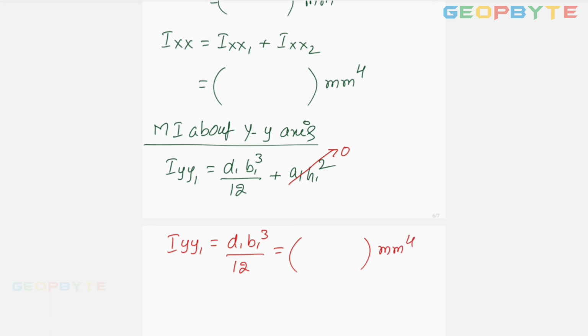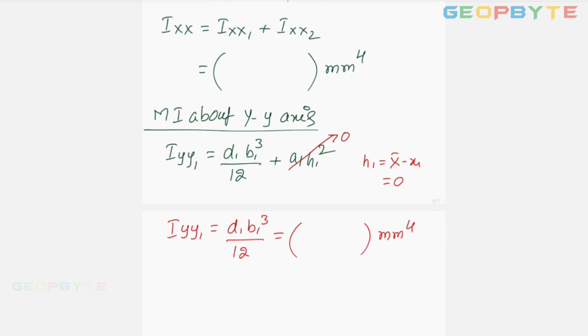I hope you understood why I took a1 h1 square equal to 0 for this particular section, because h1 equal to what here? h1 equal to x bar minus x1. Here this fellow is becoming 0, because it is symmetrical about y axis.